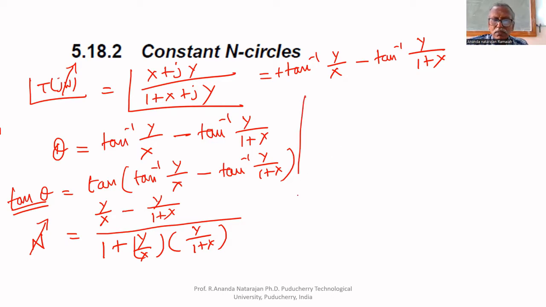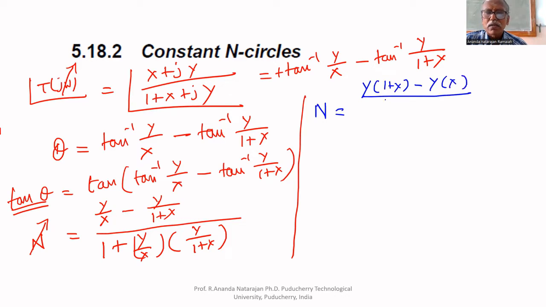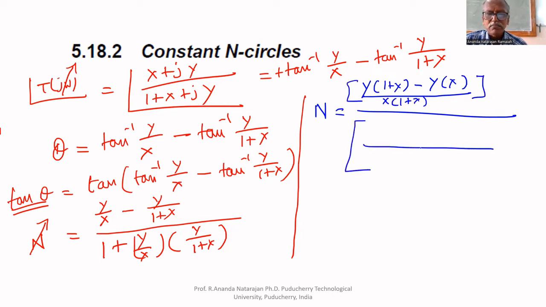So what you will get is n equal to, take LCM. If you take LCM, y multiplied by 1 plus x minus y multiplied by x upon x multiplied by 1 plus x, whole divided by, this is the numerator. Denominator also you will get, if you take LCM, x multiplied by 1 plus x plus y square.